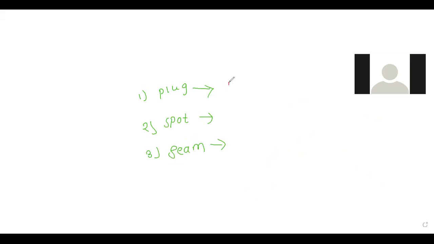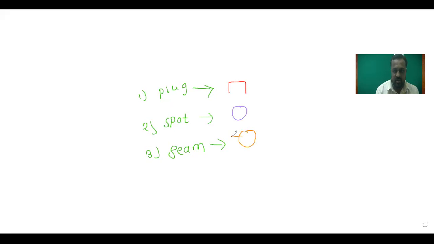Simple, you have to remember. For the spot, just remember, a circle is there. And for the seam, how we can remember it: it is spot, and the spot will be continuous, like this. See, these are the symbols. You have to remember.